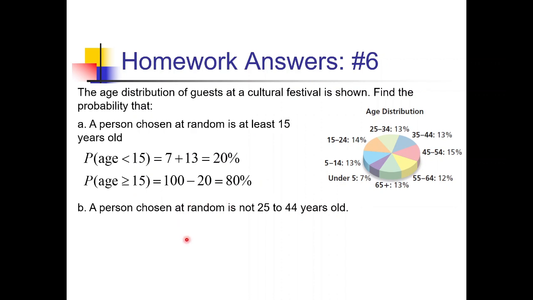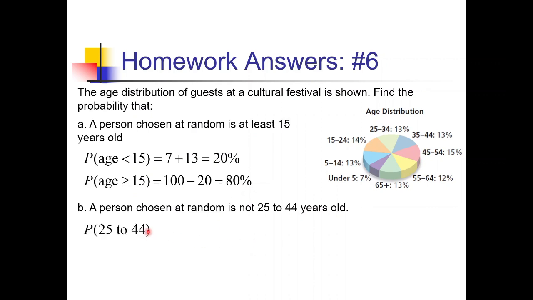Next up, we want to know the probability that a person chosen at random is not 25 to 44. So 25 to 44 is these 2 slices right here. Again, it's going to be faster to calculate the opposite of what we want and then subtract that from 100. So let's find that complement.